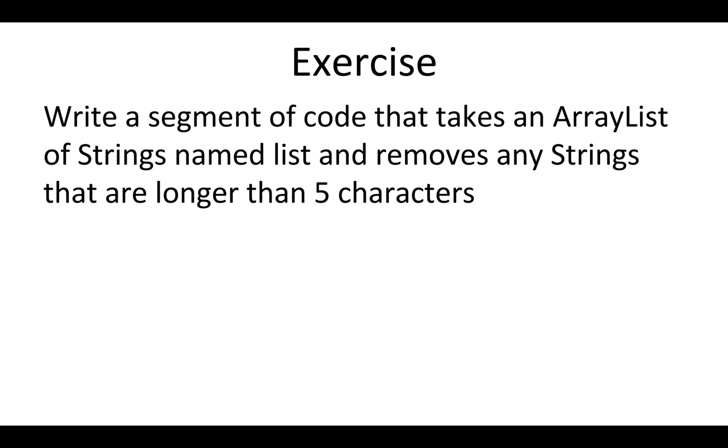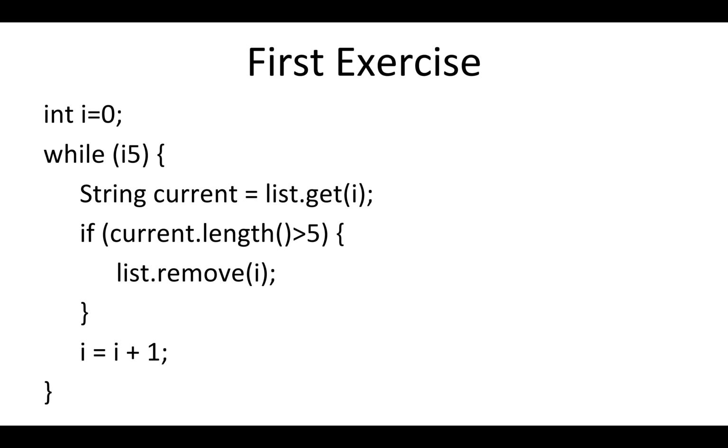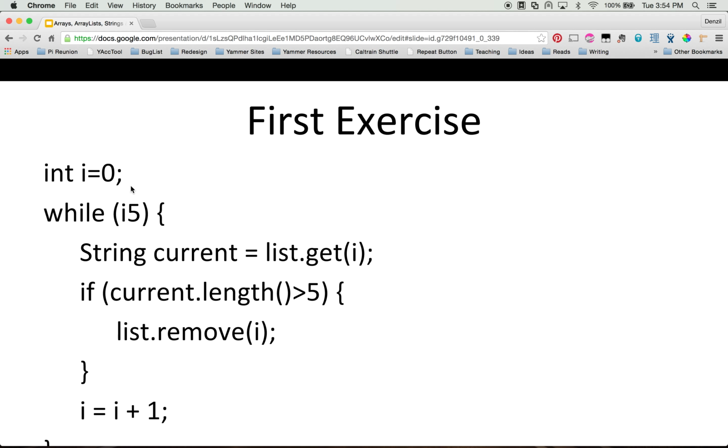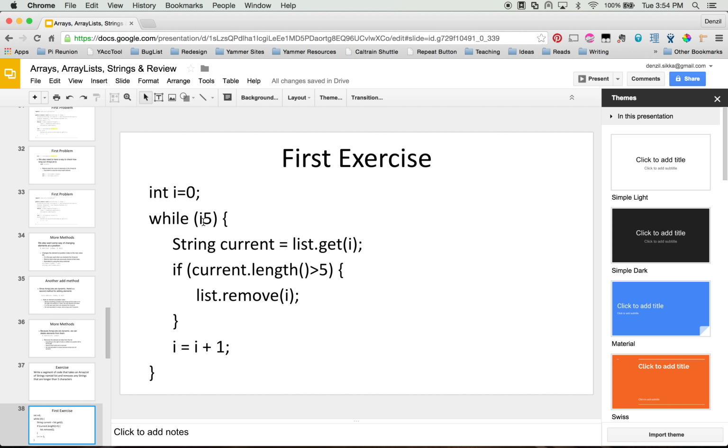Here is the next exercise: writing a segment of code that takes in an array list of strings named list and removes any strings that are longer than 5 characters. So here I have the first exercise. I see a typo, so let me just fix that.